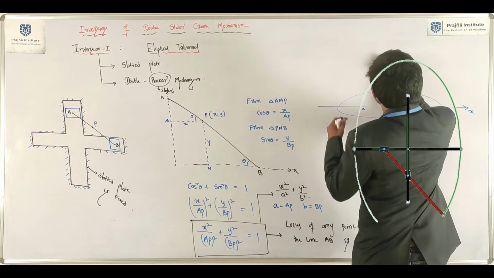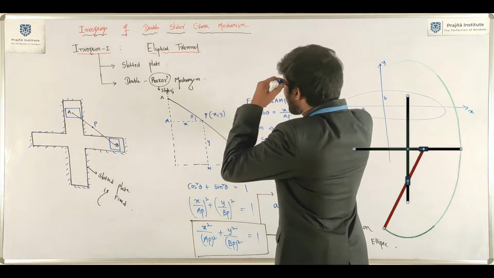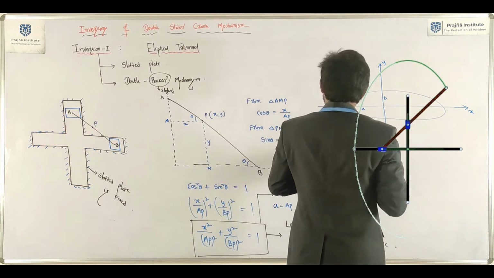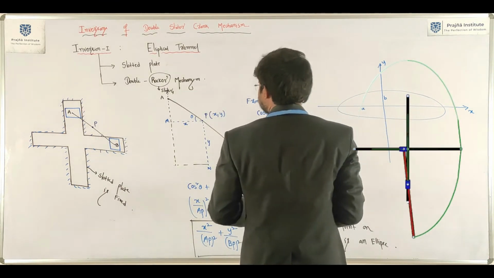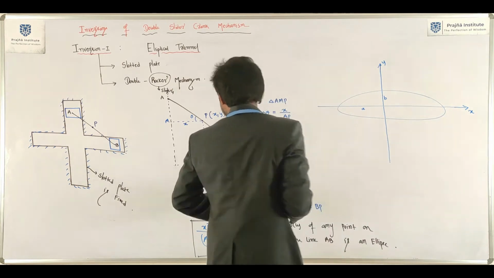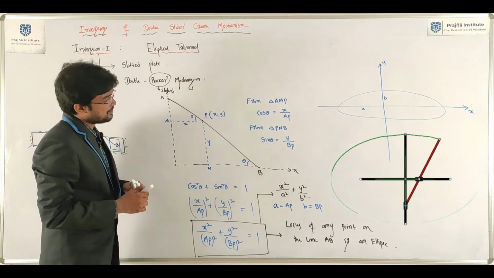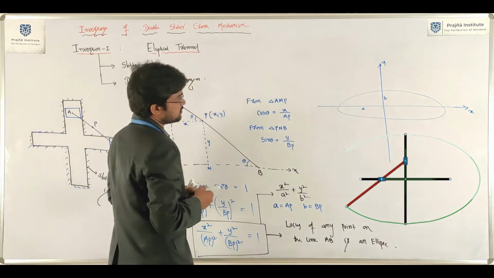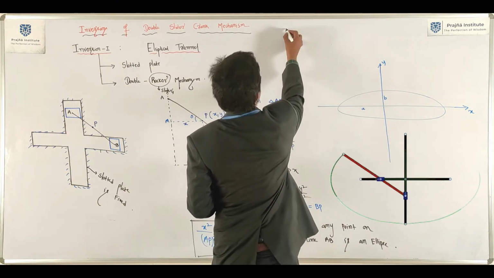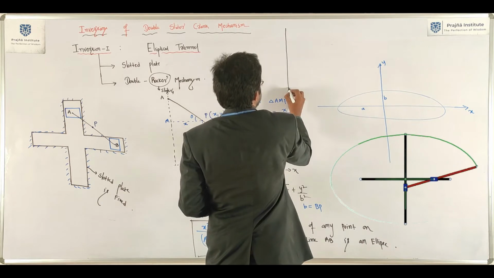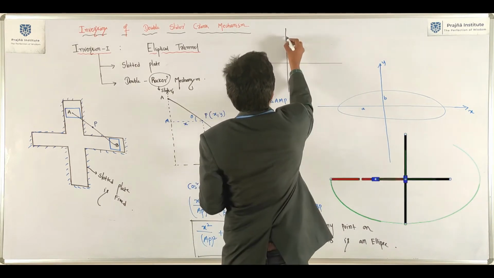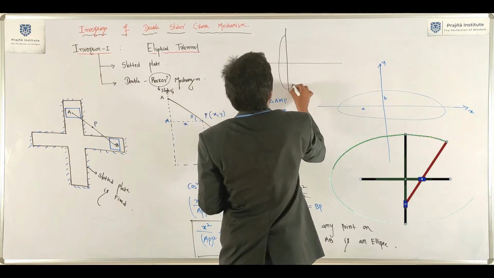X, Y. X, Y. In this case, which one is higher, AP or BP? From this figure you will get this kind of ellipse.